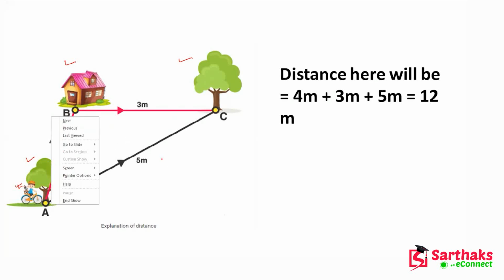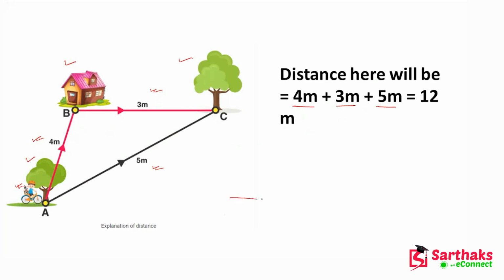So this is the journey. Here, how much distance will he cover? First he will cover 4 meter, then 3 meter, then 5 meter. That means the total distance he has covered is 4 meter plus 3 meter plus 5 meter, that is 12 meter.